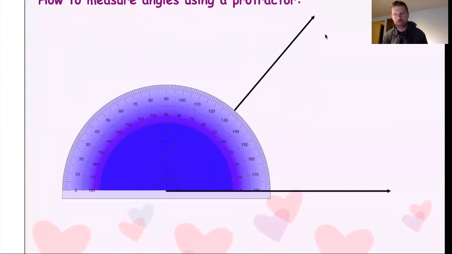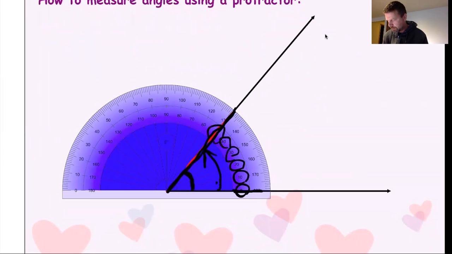A couple quick examples, it's not hard. Here I've got an angle, not quite here. This continues like that. Sorry about that. Let's see. All right, I'm just gonna sketch that in. All right, I've got an angle right here. This one is starting here and opening up that way. So I'm gonna start at the 0, 10, 20, 30, 40, right at the 50. This is a 50-degree angle.